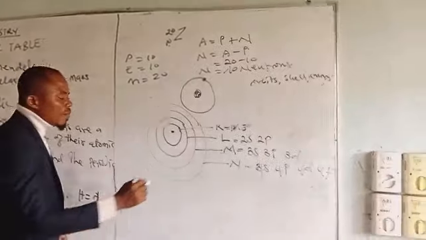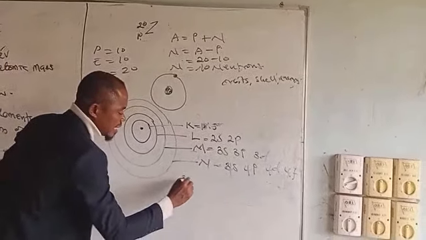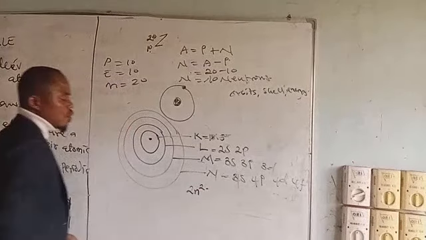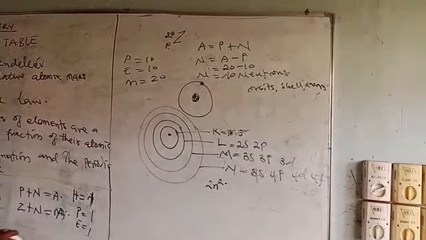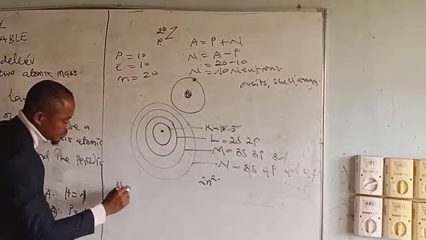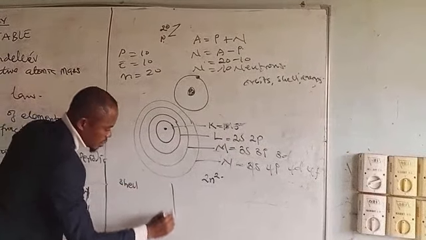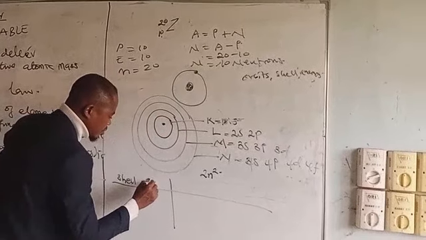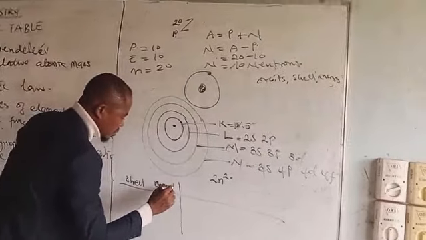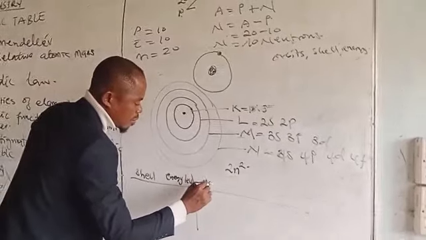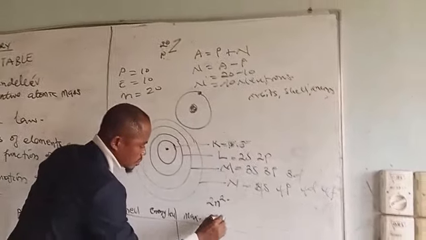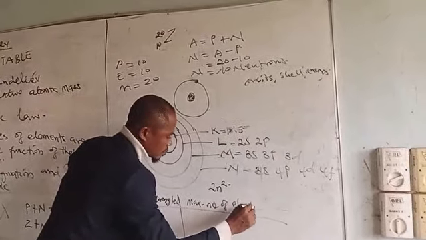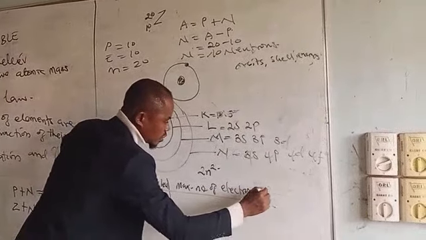Now, the maximum number of electrons that a shell can carry is given by what? 2n squared. So if this is our shell, and this is the energy level, the maximum number of electrons is 2n squared.